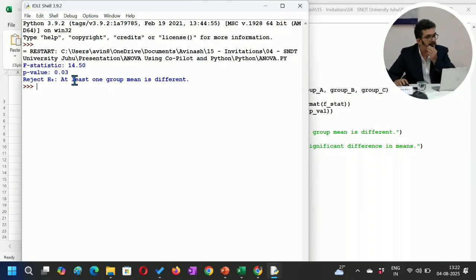F statistic value is 14.50, probability is 0.03. Now 0.03 is what? Less than 0.05. So here we are rejecting the null hypothesis. At least one group mean out of A, B and C is different.